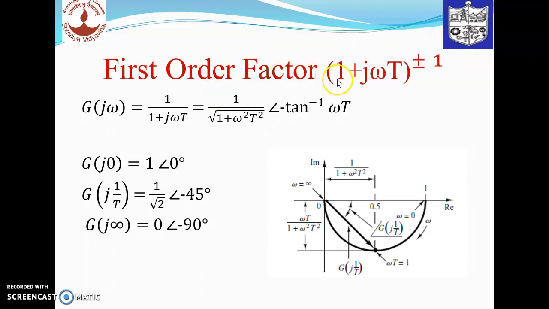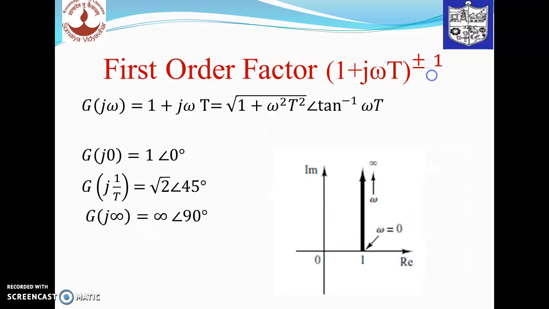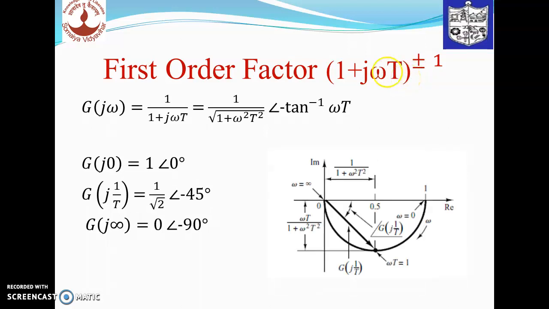Now the first order factor 1 plus jωT, either in the numerator or in the denominator. If it is a zero, it will be in the numerator. Otherwise, it will be in the denominator. When I have a simple pole, it is 1 by (1 plus jωT).